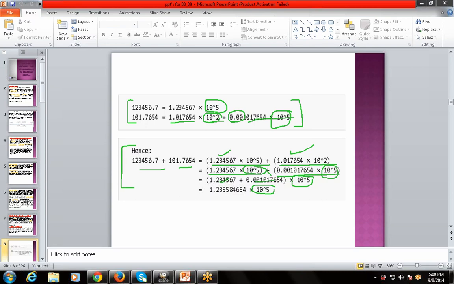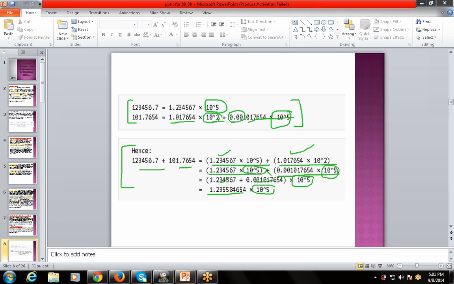Now add these two values: 1.234567 plus the shifted number. Then adding these numbers, this is the value after adding.